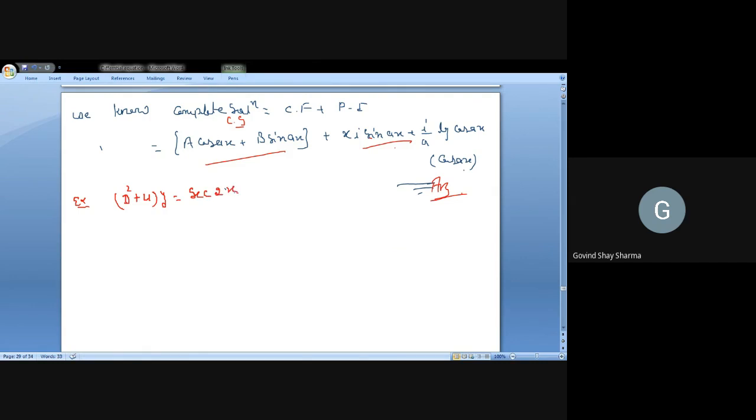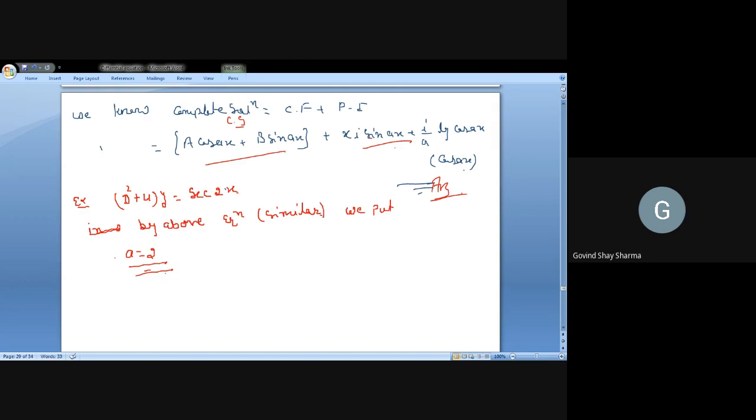If we put the value a is equal to 2 in the above question, given a is equal to 2. In the above question we discussed sec ax, here we will discuss sec 2x.